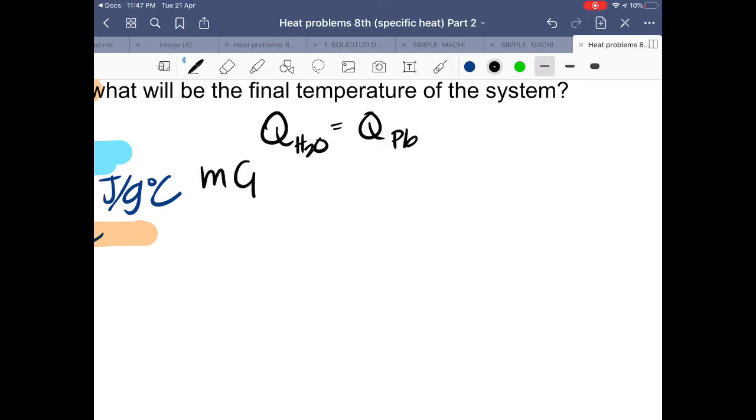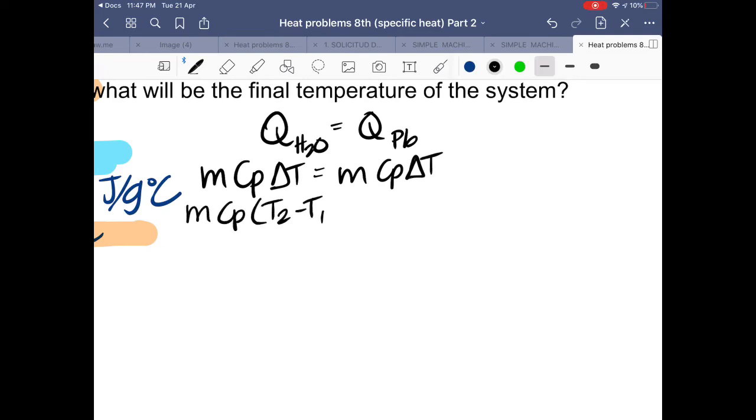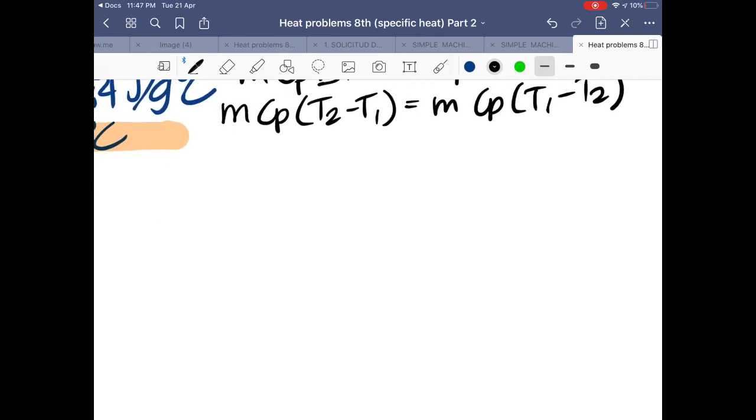So mass times specific heat times delta of temperatures equals mass times specific heat times delta of temperatures. Mass times specific heat, temperature 2 minus temperature 1, equals mass times specific heat, temperature 1 minus temperature 2. I already explained this part.